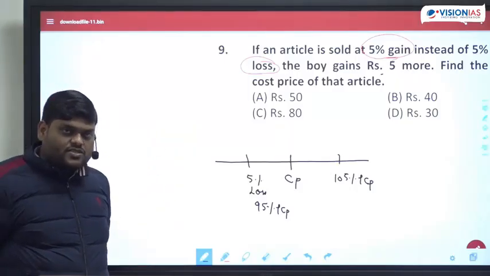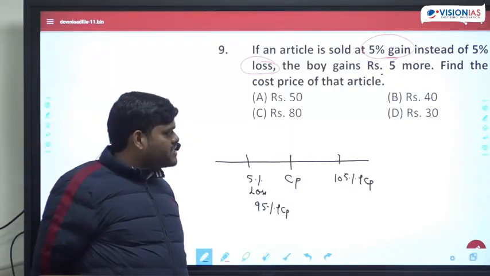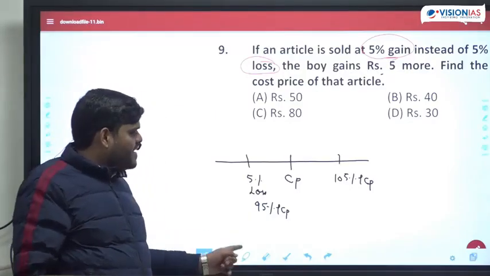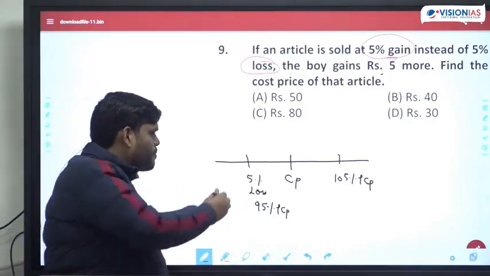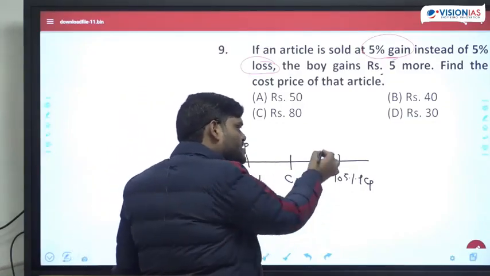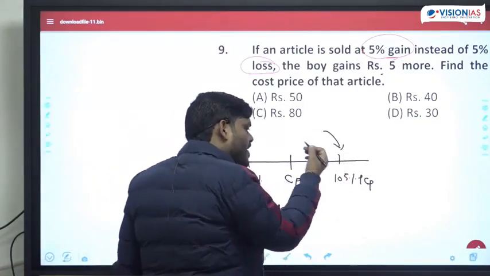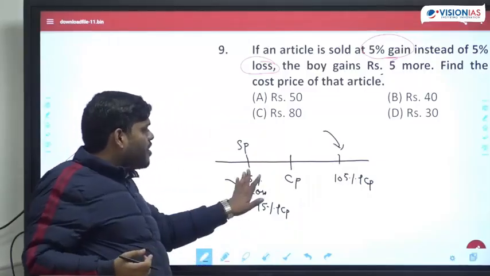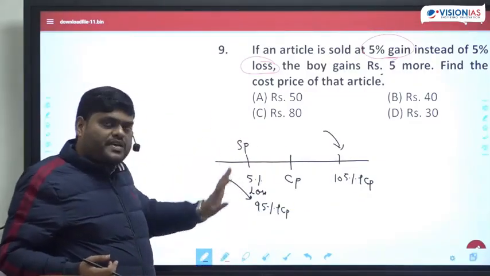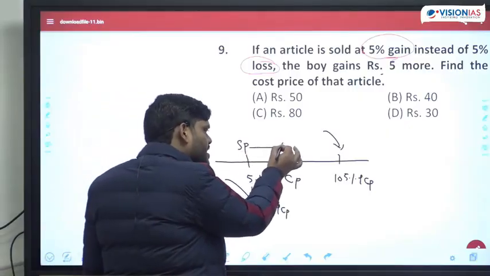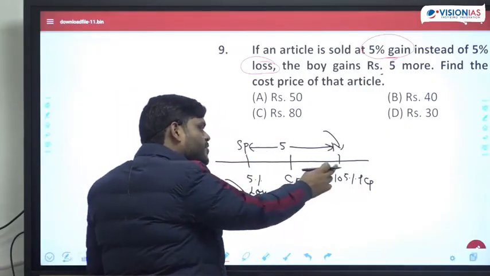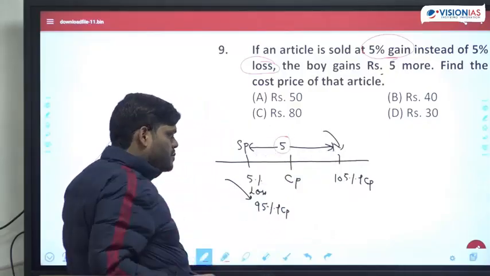Is this making sense or not? Initially the selling price was 95% of CP and now the selling price is 105% of CP. Because of this, he is getting 5 rupees more. That means the journey from this SP to this SP is 5 rupees, or not?